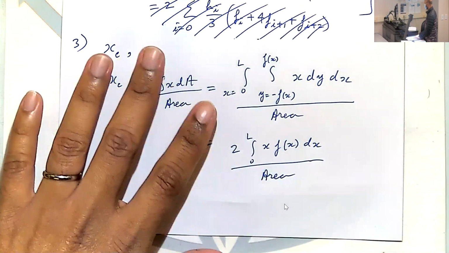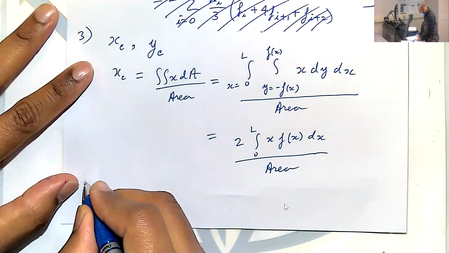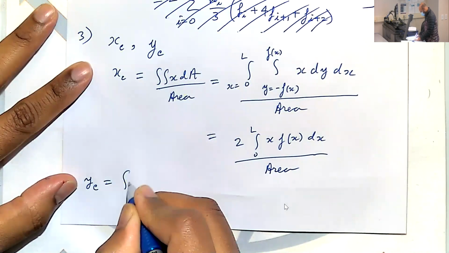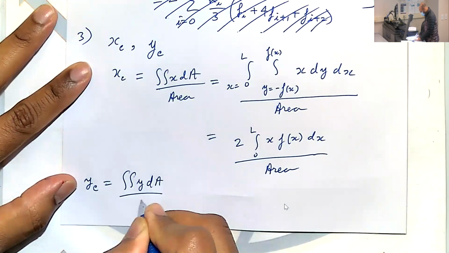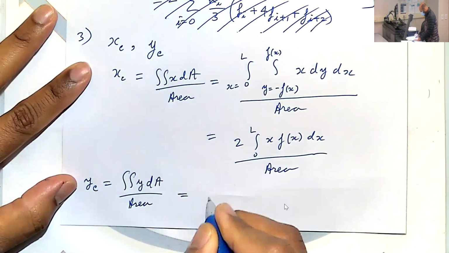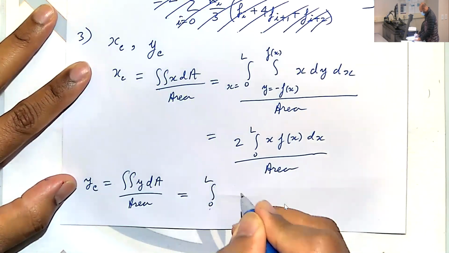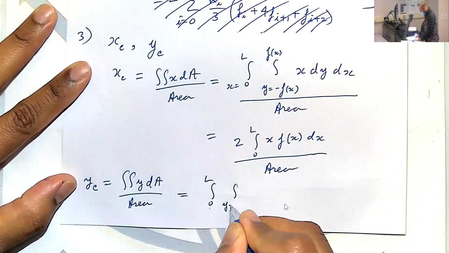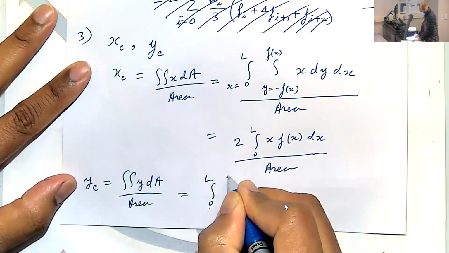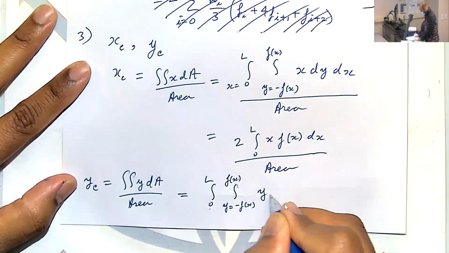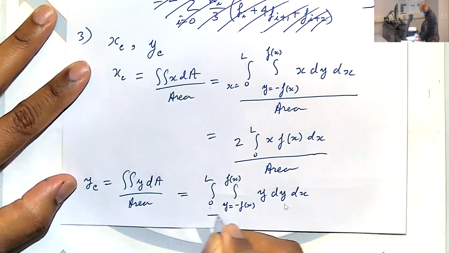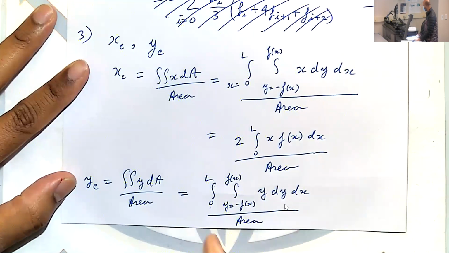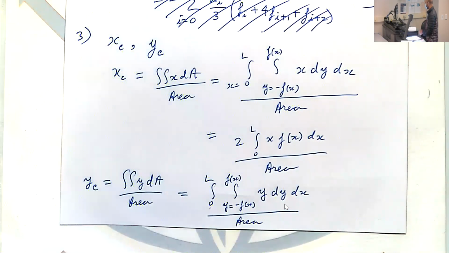How will it show up, YC equals 0? Will this equal 0? What happens when you integrate this?